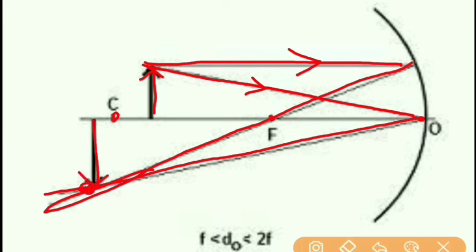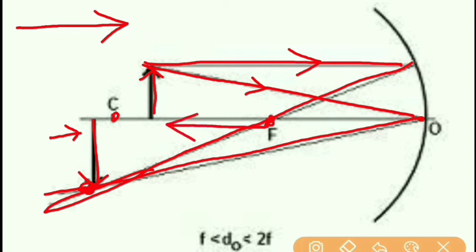Now you can see the image is now beyond C. So it is clear that the object is moving towards this direction and the image will move from F towards this direction. Both are in opposite directions.